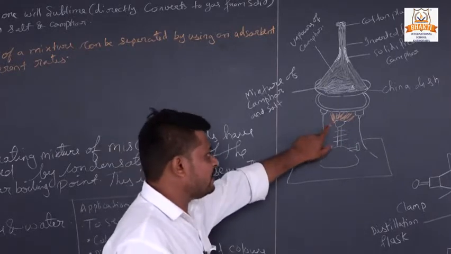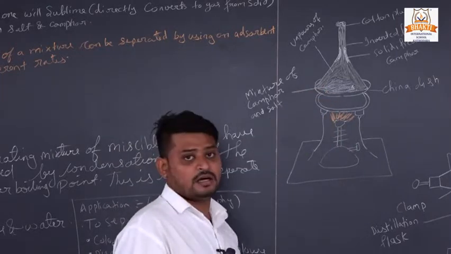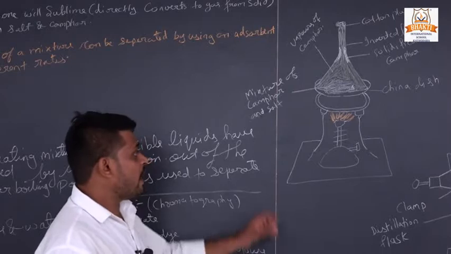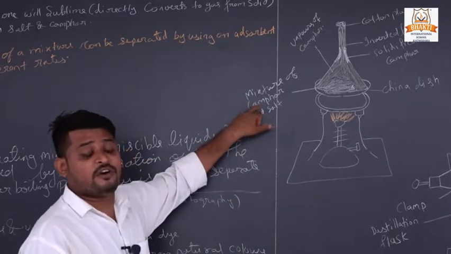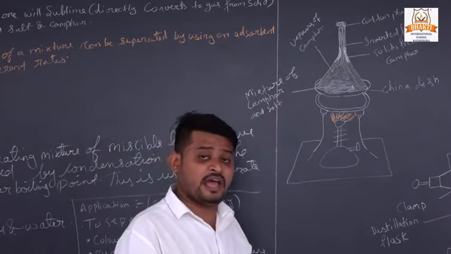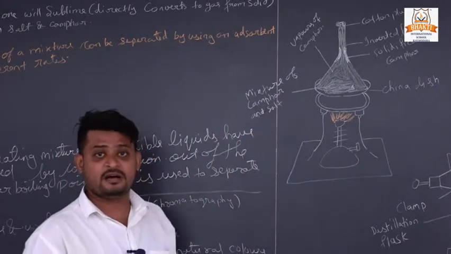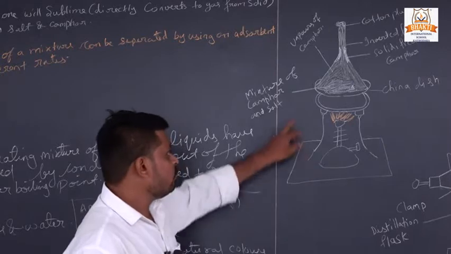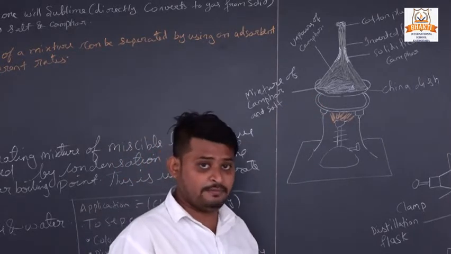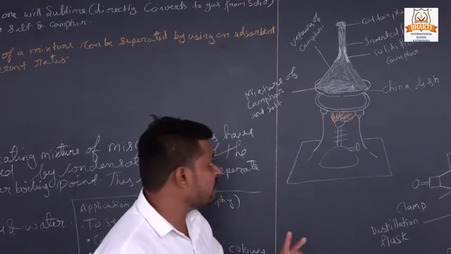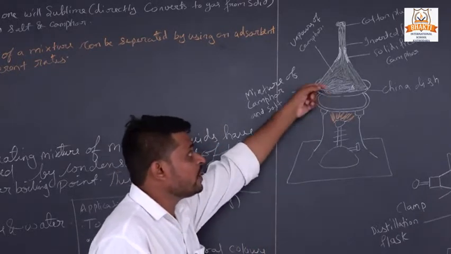The burner will slowly heat the funnel, and after some time the camphor, which is kapoor that we use at home in puja, will sublime. It directly converts from solid to gaseous state.